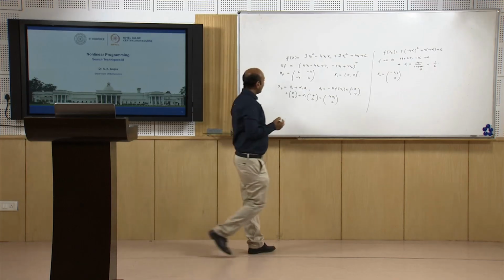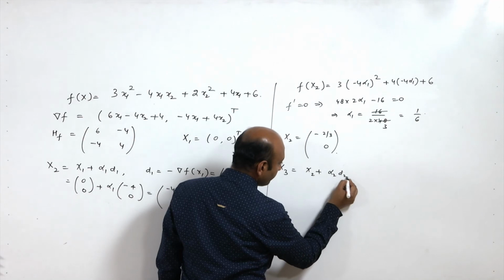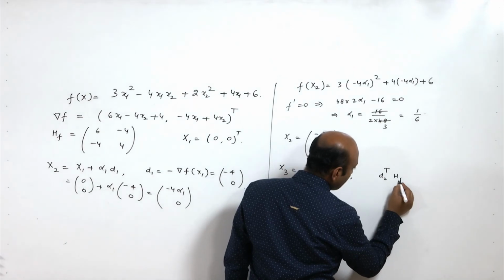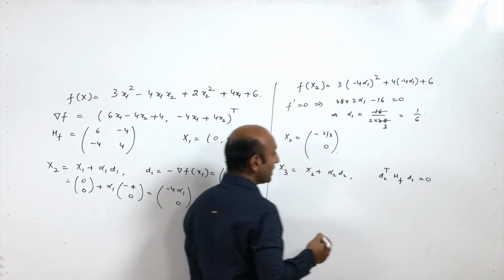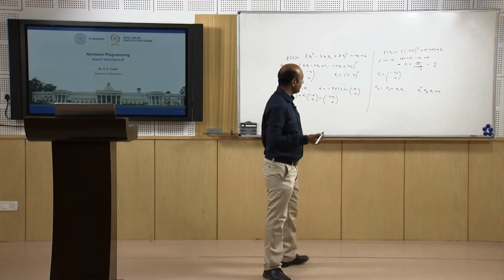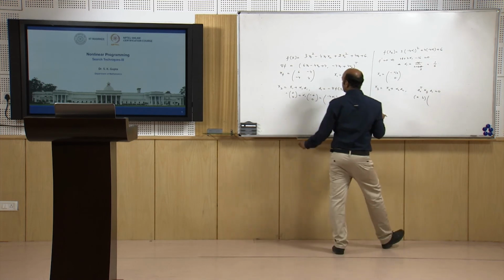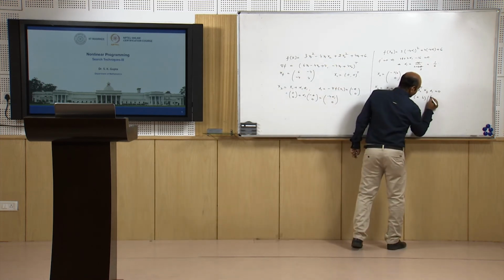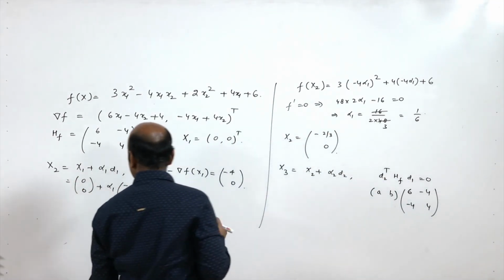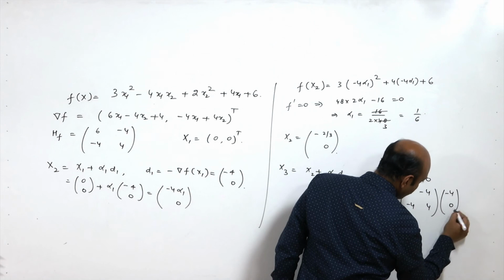Now, to find x3, it is x2 plus alpha 2 d2, and to find d2, d2 transpose times Hessian matrix of f times d1 should be 0. That means we are now finding a direction which is conjugate to d1 with respect to Hessian matrix H. Suppose this direction is (a, b), Hessian matrix is [6 -4; -4 4], and the d1 direction is (minus 4, 0), which is equal to 0.